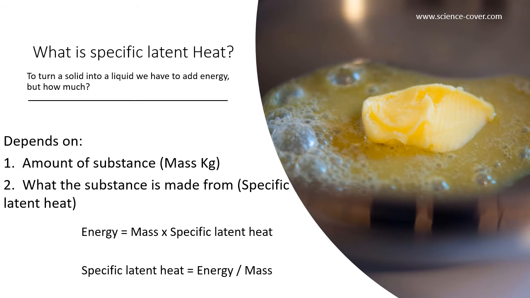If we rearrange this to get the specific latent heat, then what we need to do is to work out how much energy it takes to change something from solid into a liquid, and then divide it by the mass that that material has. This will give us a value for the material that we can then compare to other materials.